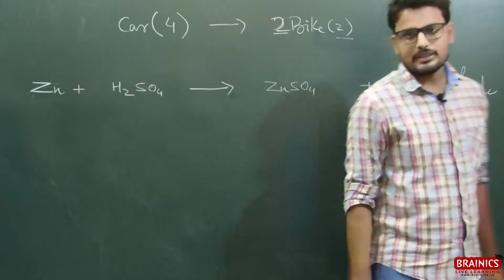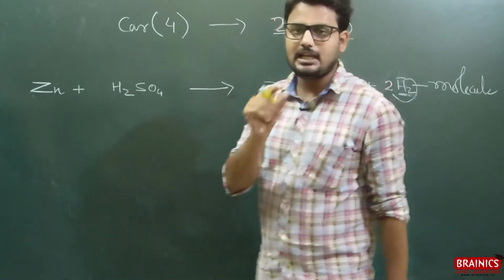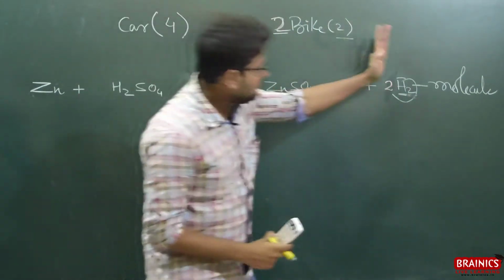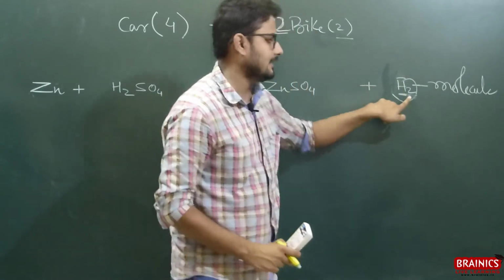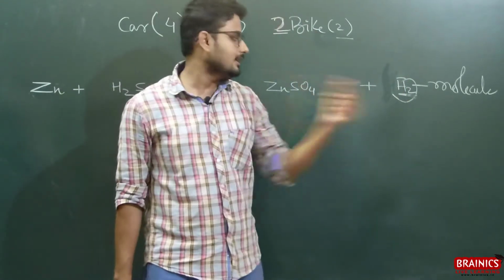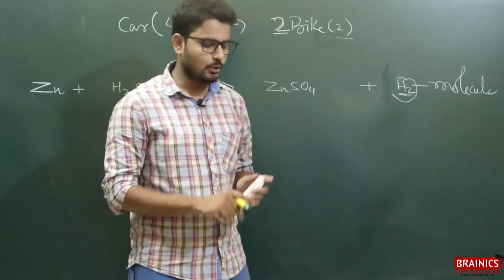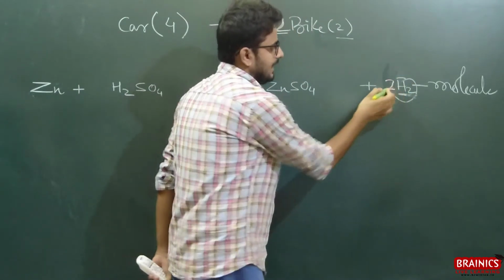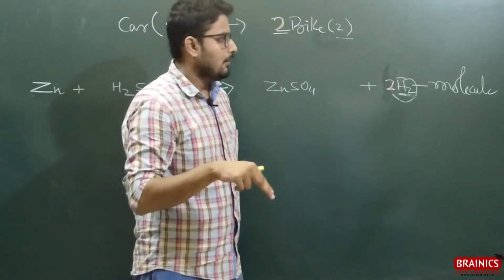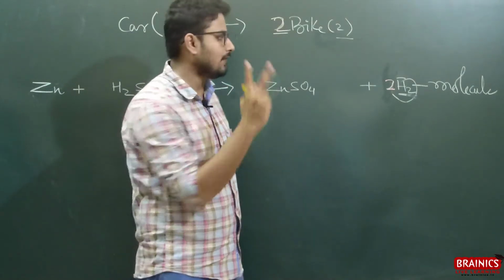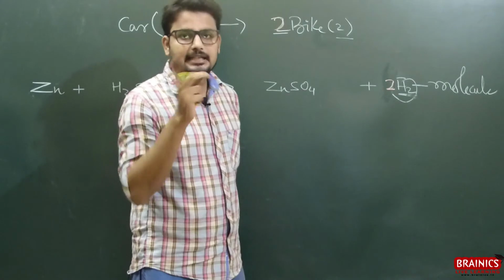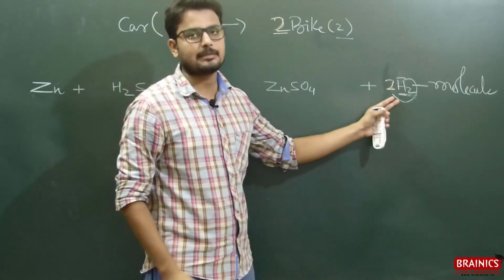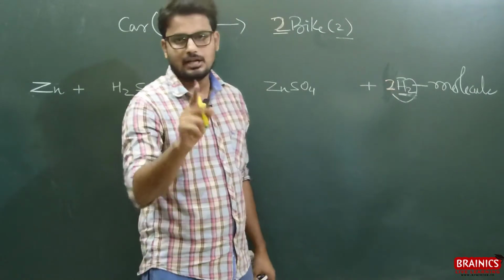In balancing an equation, you have to see how many atoms of each element are present. If I ask how many atoms are present, you will say only 2 atoms of hydrogen. What if I put 2 over here? That means 2 molecules of hydrogen are present, and each molecule has 2 atoms, so 2 into 2, that means 4 atoms.